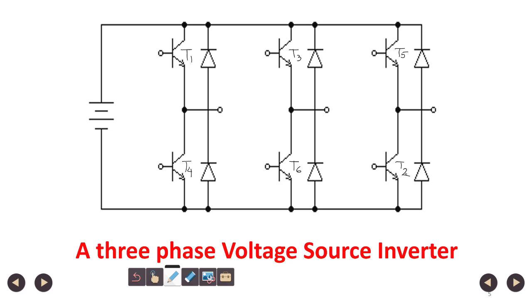So, switches are turned on in their numbering sequence like 1, 2, 3, 4, 5, 6, 1 at intervals of T by 6.